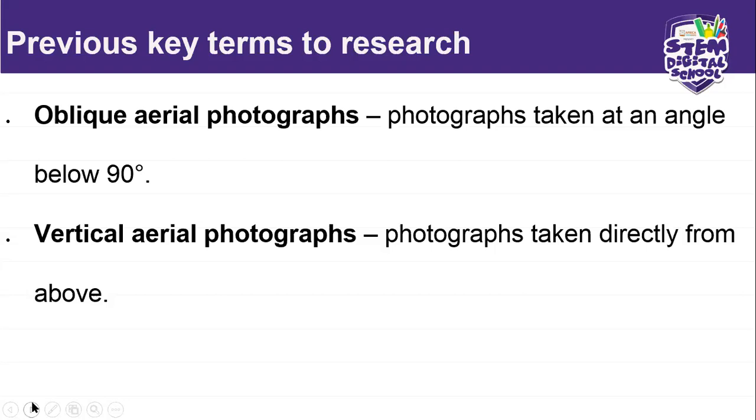I wanted you to research number 1, oblique aerial photographs, and number 2, vertical aerial photographs. What did you find out about those 2 types of aerial photographs? What did you learn?